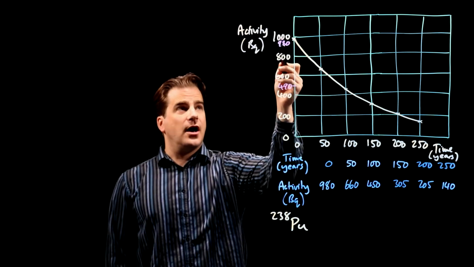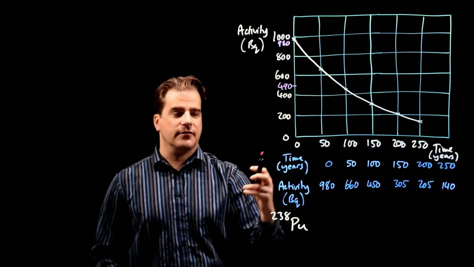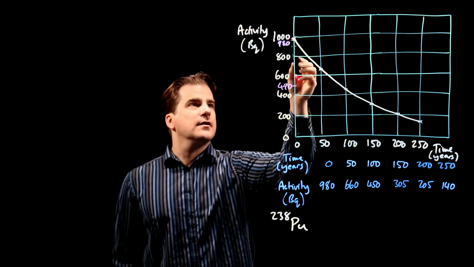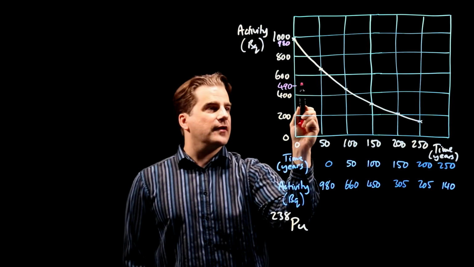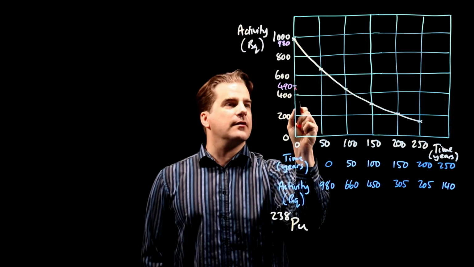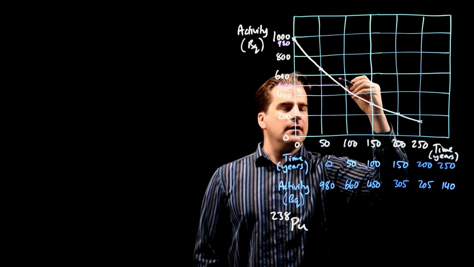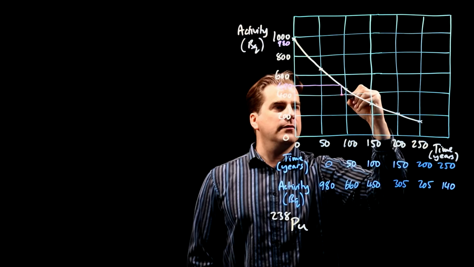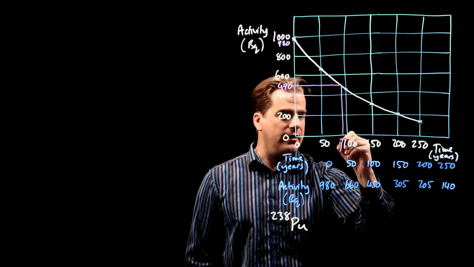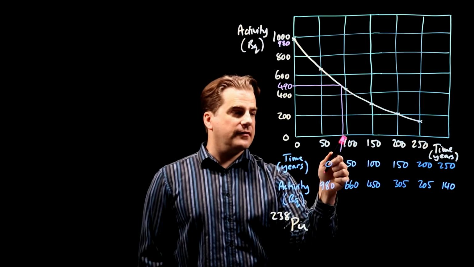You have to work out what half of the initial activity is, because that will tell you the half-life. The half-life is the time it takes for the activity to drop by half. So, having worked out what half the activity is, take a ruler. I don't have a ruler, but you should use one, and go across and down. That time there will be the half-life. From there to there is the half-life.